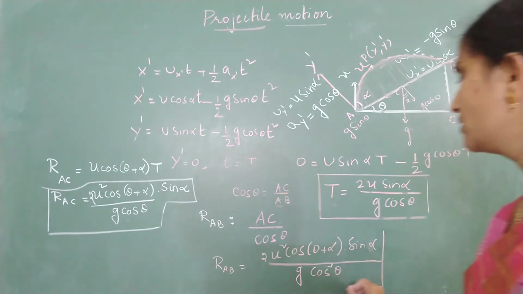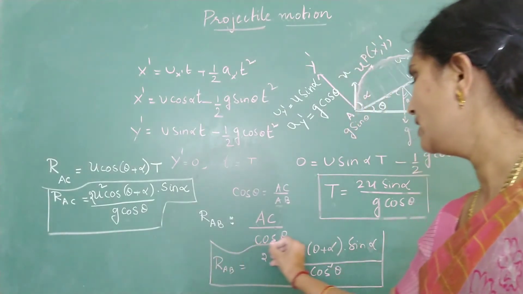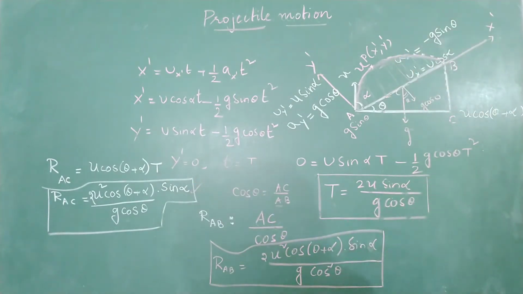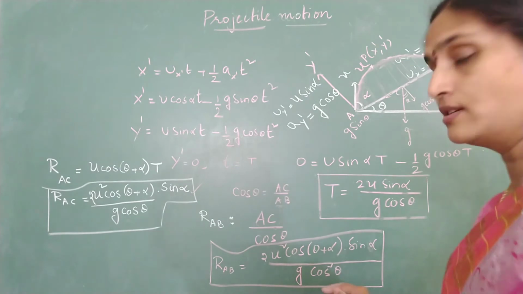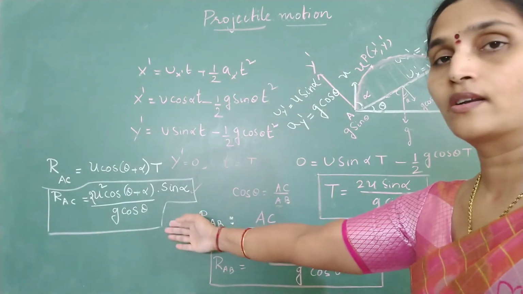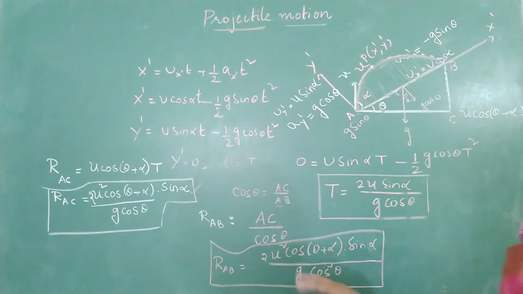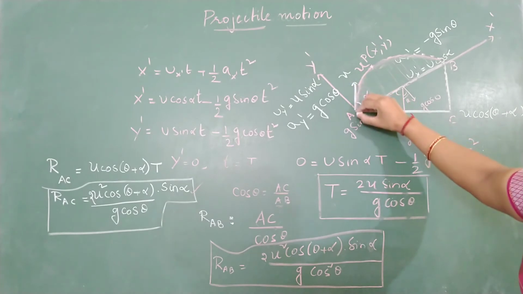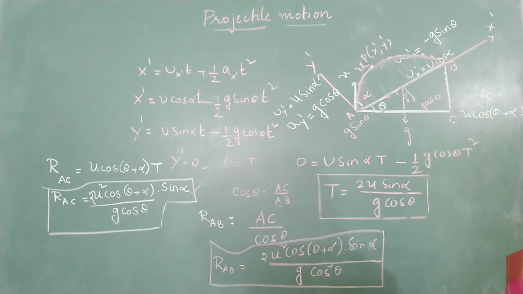This is giving me the range along the inclined plane, and this is the range along the horizontal. Again I'm repeating, read the question carefully, whether the question is to find the range along horizontal or range on inclined plane. These are the terms that you need to remember when you study an oblique projectile up an inclined plane.